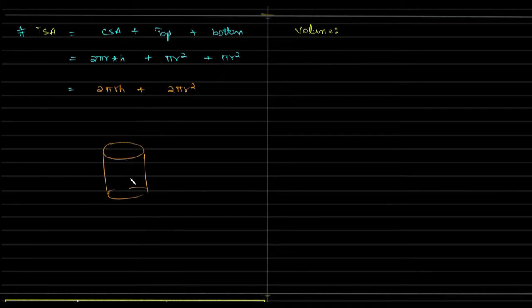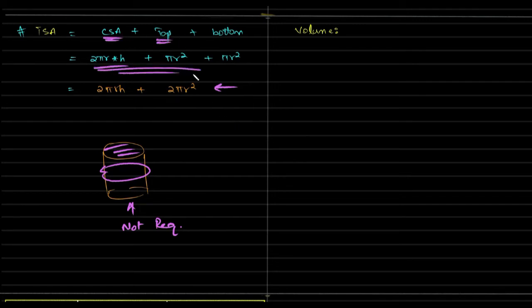Again, I'll repeat the question. The bottom is not required to be painted. Only the top and the curved surface area has to be painted. How much paint will it require? Can you use this formula? You can, but again, you need to subtract things and all that. That will be a headache. So understanding that we are just dealing with the curved surface area and the top, that is the required formula you need to think of.